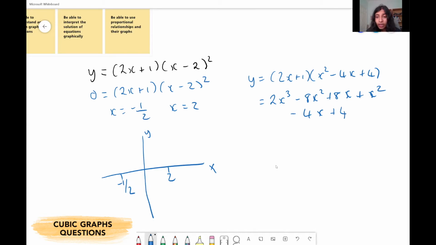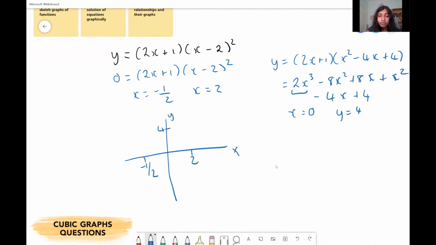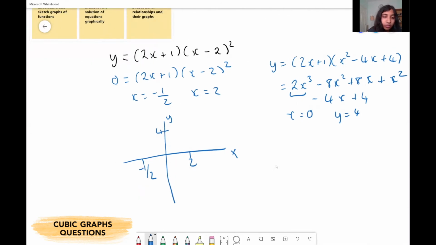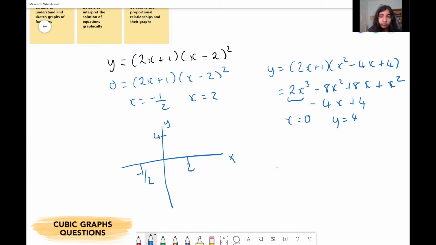So then you know that if you plugged in x equals 0, y would just be 4, so it'd cross at 4. And because it's positive x cubed, it will go from the bottom left to the top right corner. So the graph would, and there's a repeated root on 2, so the graph would look something like this.